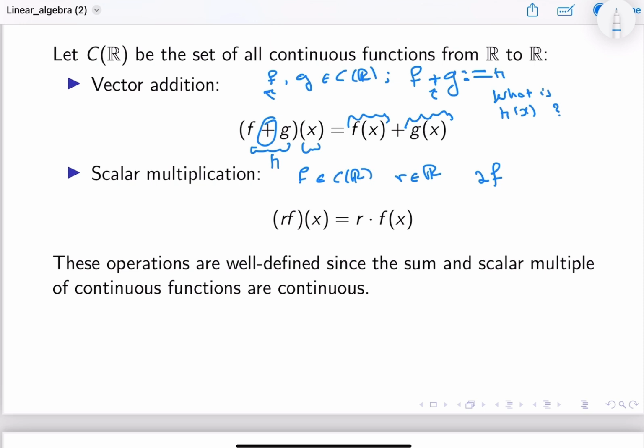What does 2f mean? For example, if we start with f, a function that is continuous, let's say f of x equals x, we're asking what is 2f as an element of the space of continuous functions.